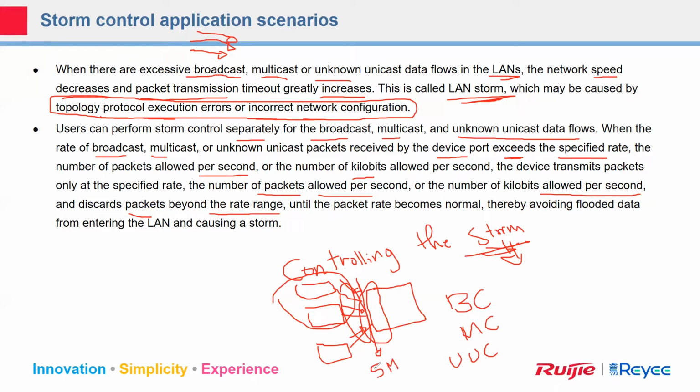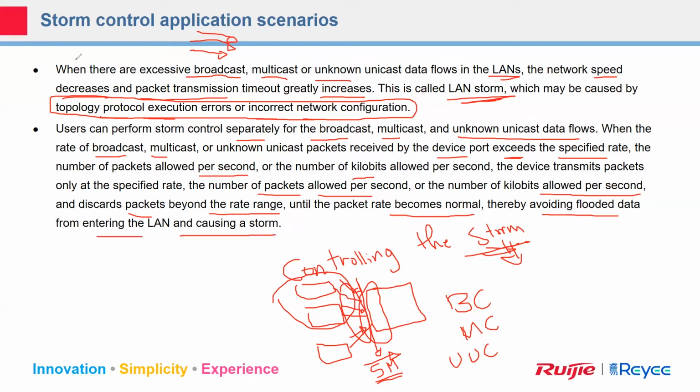So you are saving the switch performance by limiting it to 5 meg. If it increases more than 5 meg, this is called a storm, until the packet rate becomes normal, thereby avoiding flooded data from entering the LAN and causing a storm.